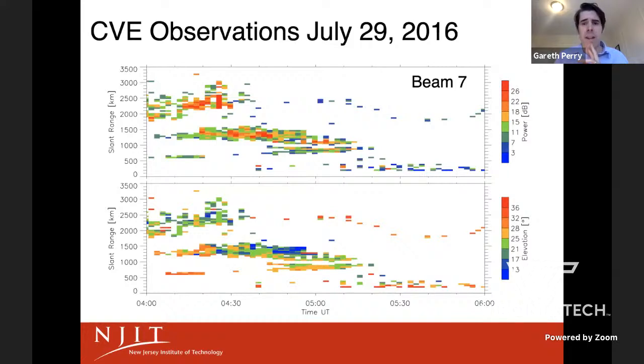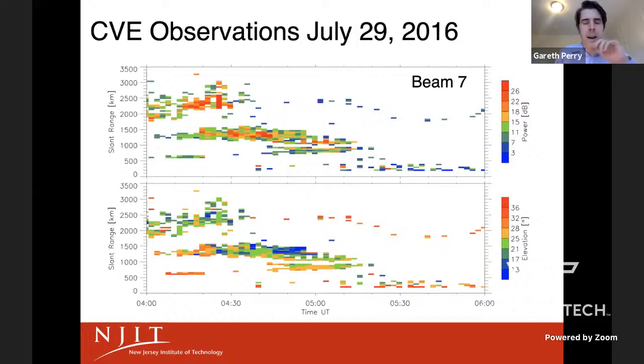And just to show another shot, this is a range time intensity plot from Christmas Valley East. We have slant range, or group range if you must, on the vertical axis. Just look at the top panel, that's echo power, and this is beam 7. We see from about 4 o'clock to 5 o'clock a band of echoes at about 1,500 kilometers.